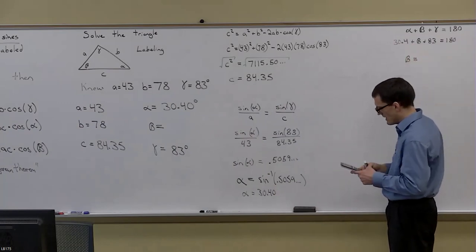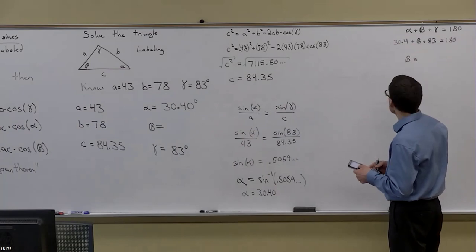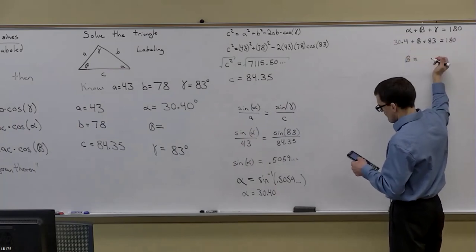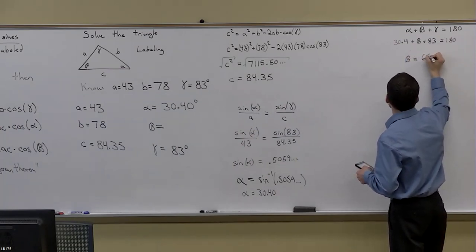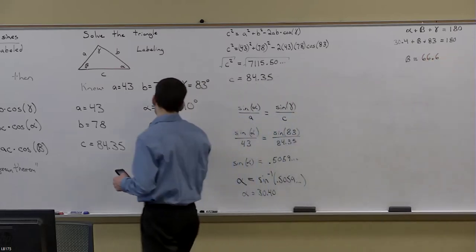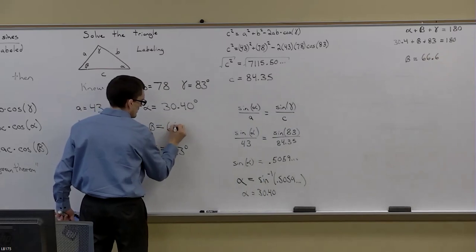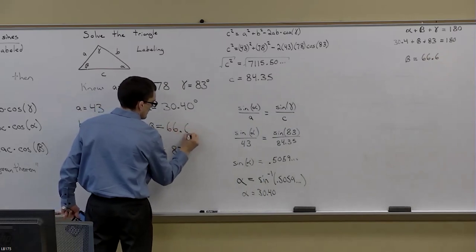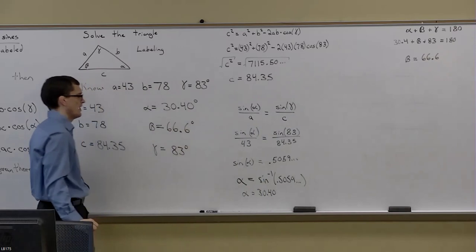So I just take 180 minus 83 minus 30.4, and I get 66.6 degrees as my beta.